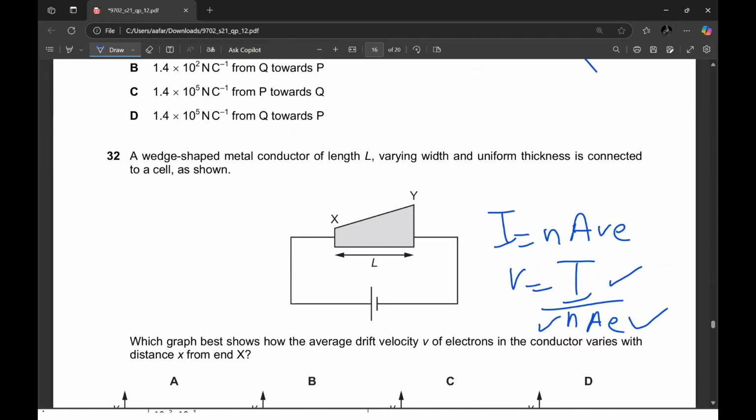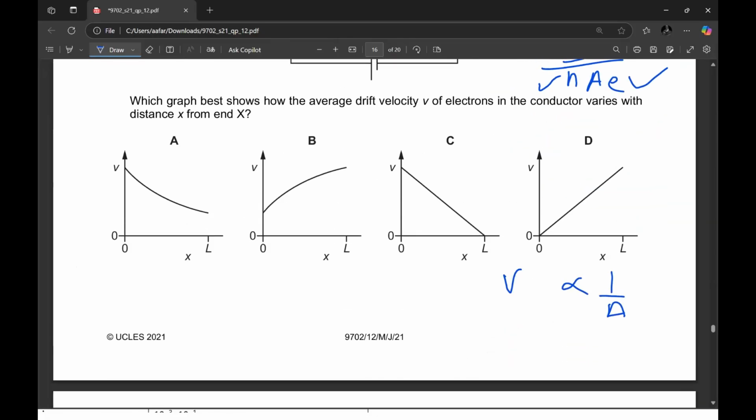As you can see, since it has the same thickness and its width is increasing, that means the cross-sectional area is also increasing.